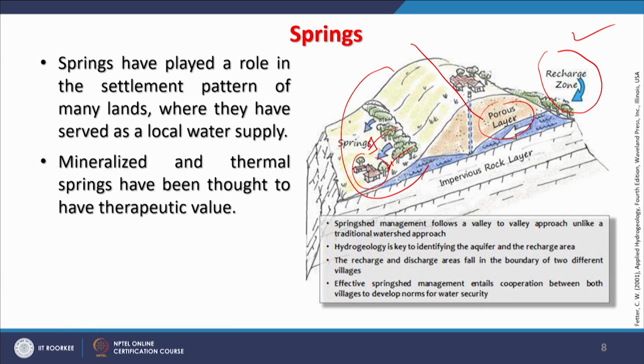Now, many springs have mineralized water as well as thermal water. Sometimes the water is coming from deep in the earth and the water temperature is high, and such high temperature water coming out of springs also carries a lot of minerals, especially sulfur and other things.